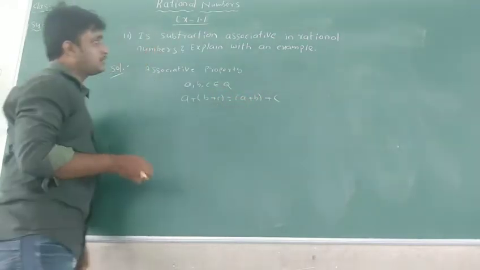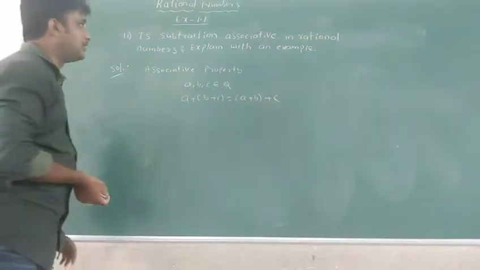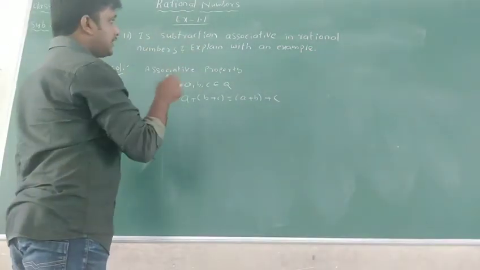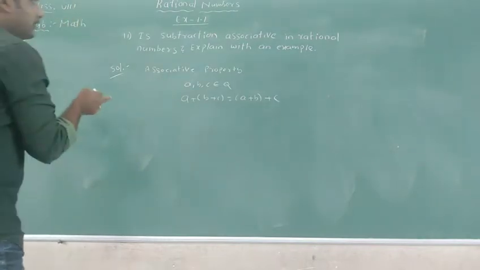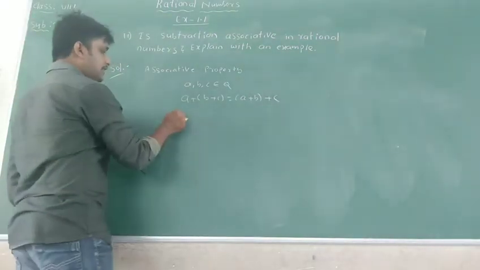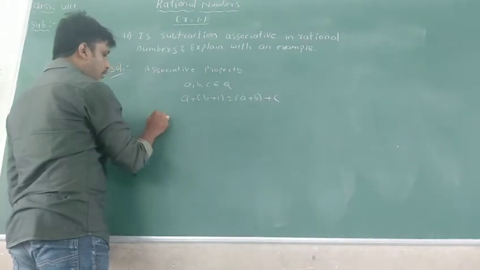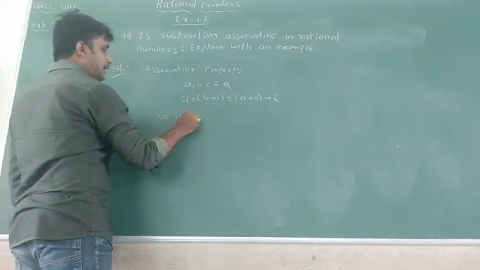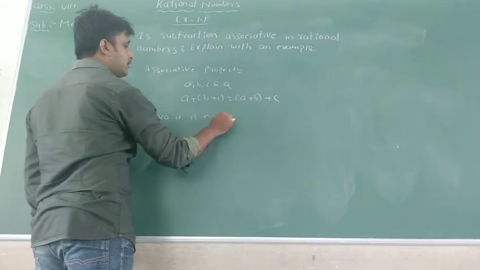This is the associative property under addition. But here they are asking whether associativity is satisfied in subtraction for rational numbers. Actually, in subtraction it is not satisfied. So no, it is not satisfied.